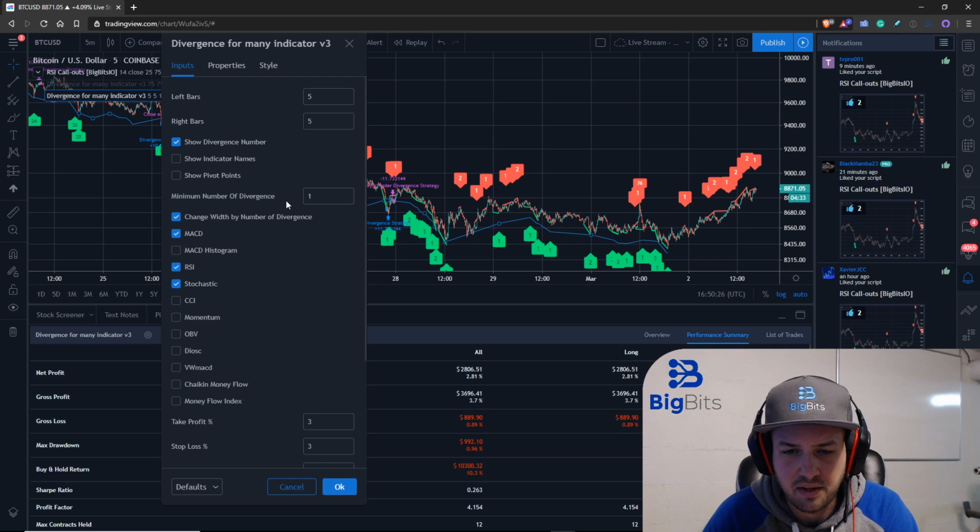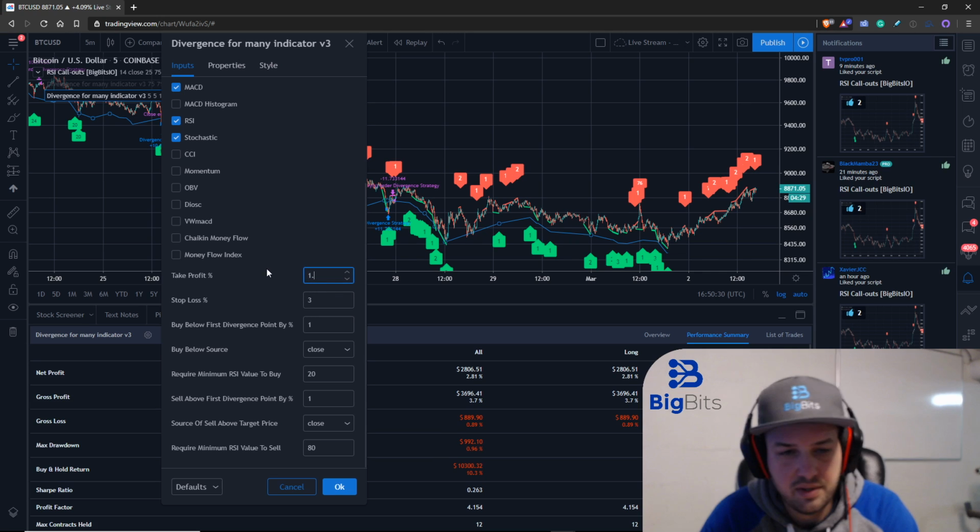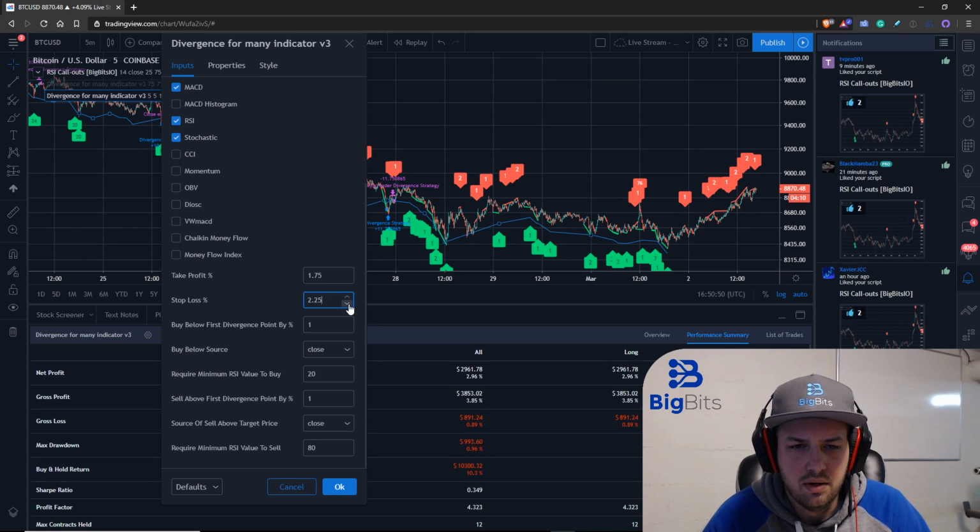Pretty much the same thing. Let's see. Reset our take profit and stop loss. What I had it at, I think it was 0.75. All right. It's pretty good. We'll leave it at 2.